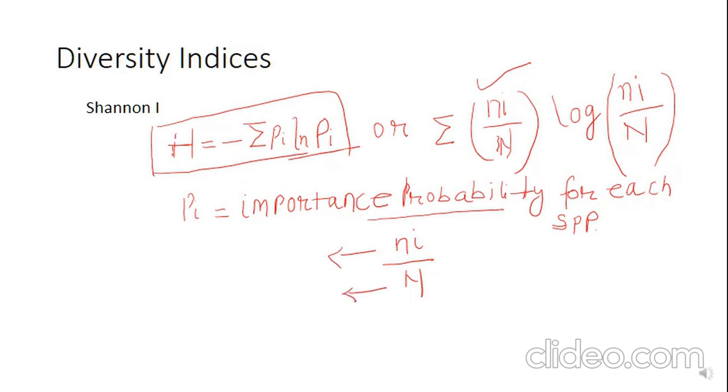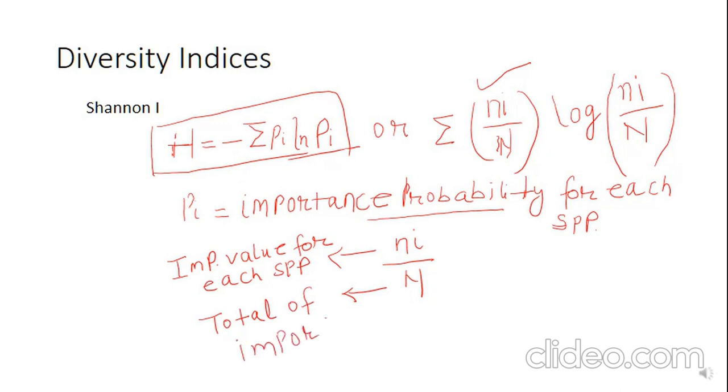Ni is the importance value for each species, and capital N represents the total of importance values.